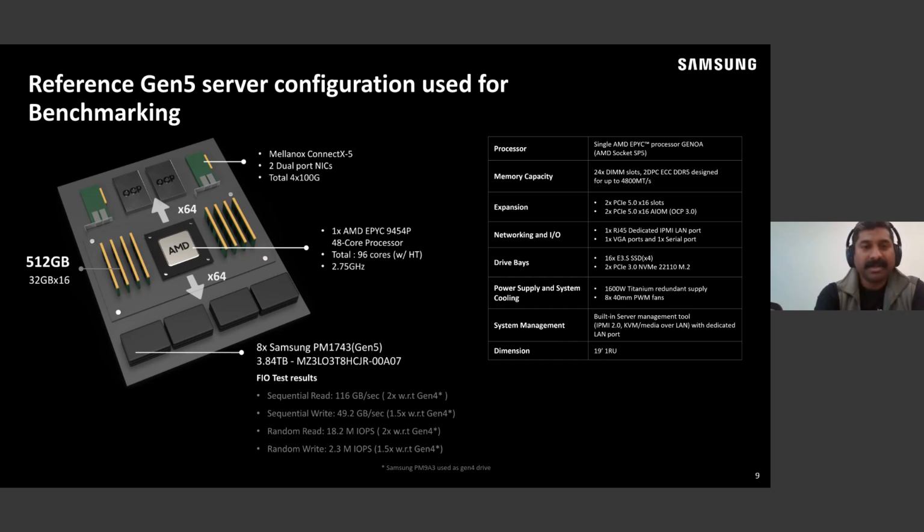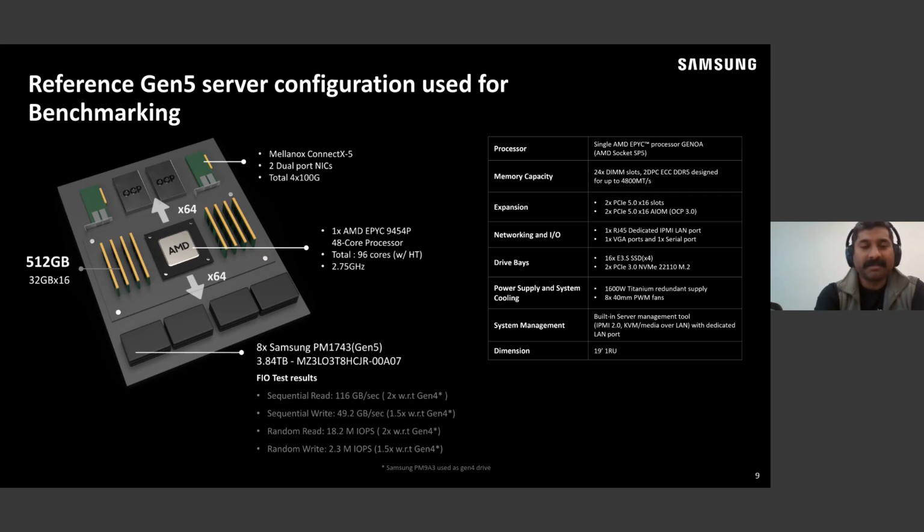All right, so we used a base server architecture for the whole exercise. You can see on your left half side how this server looked. The highlighting point here is that, apart from the Gen 5 SSDs, it's a single socket machine.